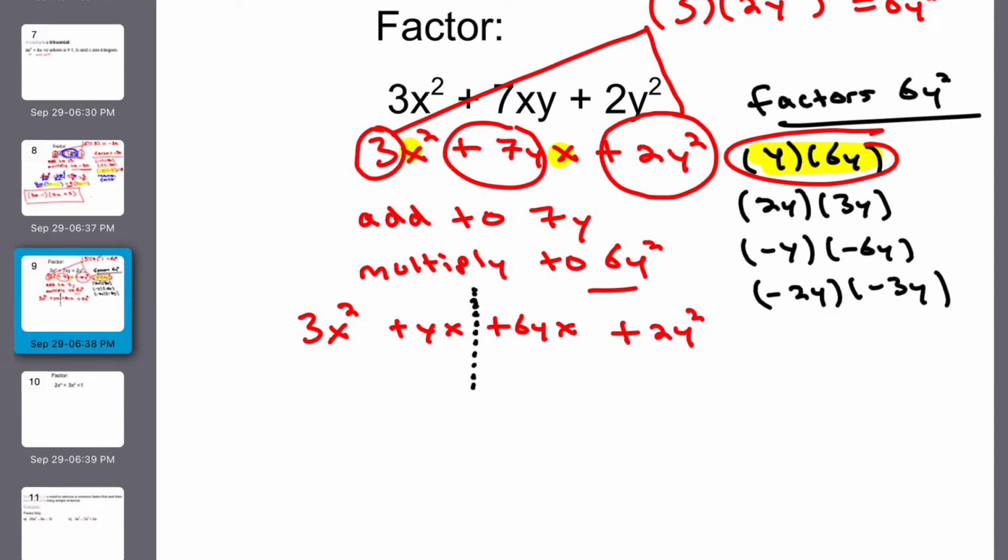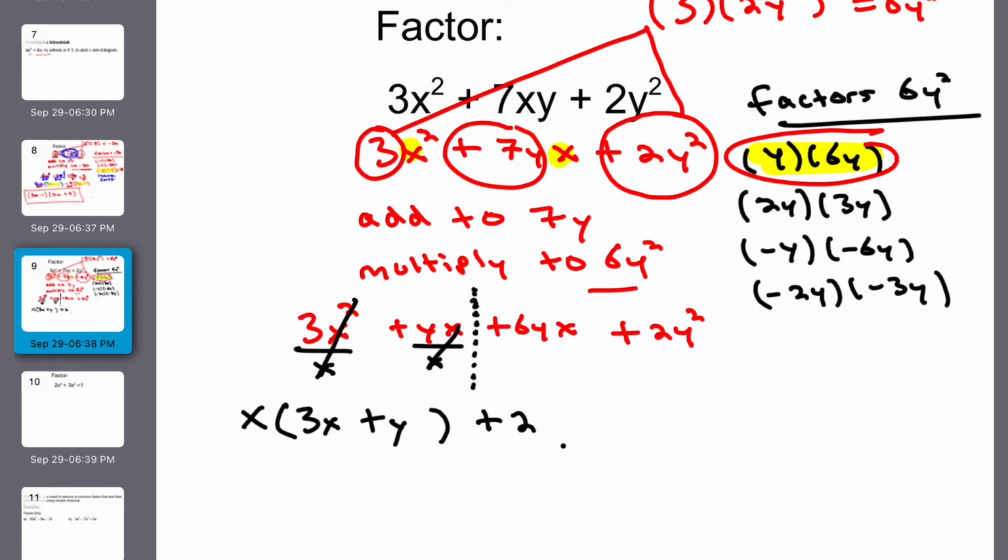So on the left, looks like out of a 3x squared plus a yx, we can take out really only one x. That's all we can take out. So if we take out an x from here and x from here and divide these to get our remainder, we can cancel one x here, which we're left with 3x. And on the right, cancel the x's, we're left with plus y. That's all we can really do. And on the right side, we can take from a 6yx plus 2y squared, we can take out a 2, so plus 2, because it's positive.